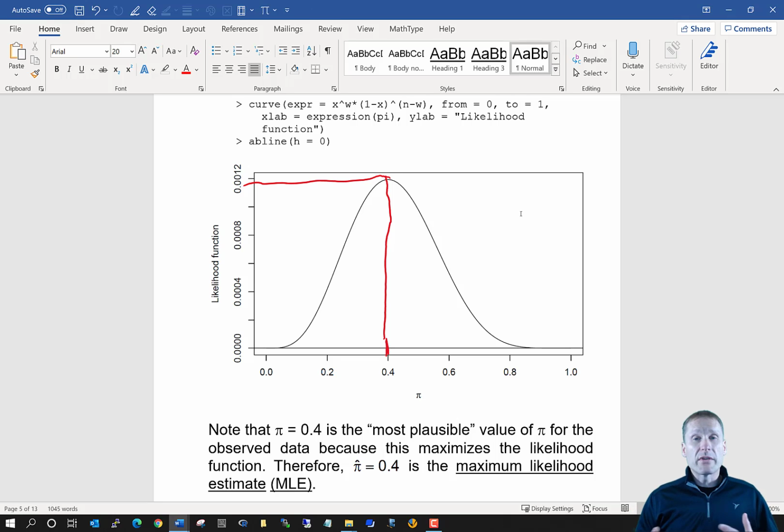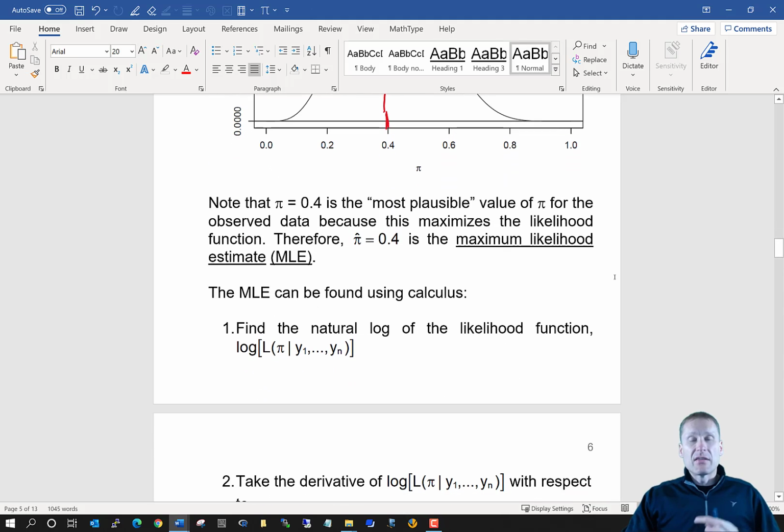And that's what's called then my maximum likelihood estimate, pi equal 0.4, because it maximizes my likelihood function. We'll relate this back to what a joint PDF was for us. So pi equal 0.4 is the most plausible value of pi. Since this is actually an estimate, rather than calling it pi itself, we're going to call the maximum likelihood estimate pi hat.